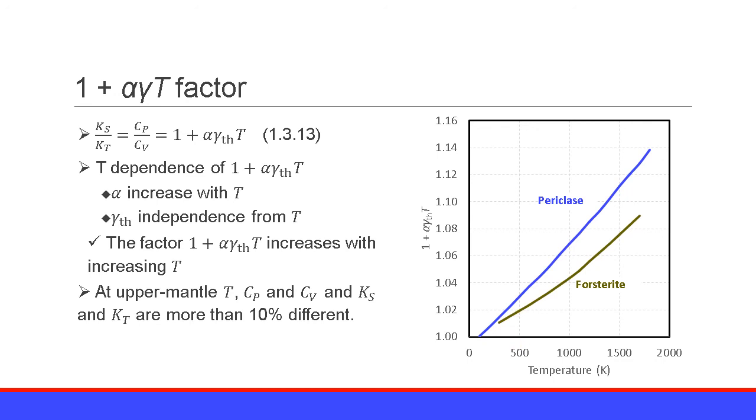However, at mantle temperature, for example 1500 kelvins, the factor 1 plus alpha gamma T exceeds 1.1. Therefore, the ratio of C_P and C_V, or K_S and K_T, are more than 10% different at mantle temperature.